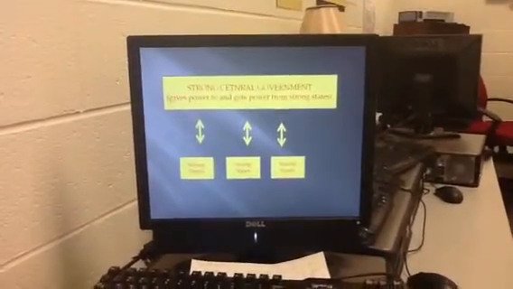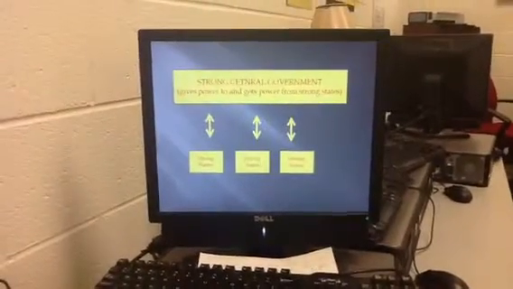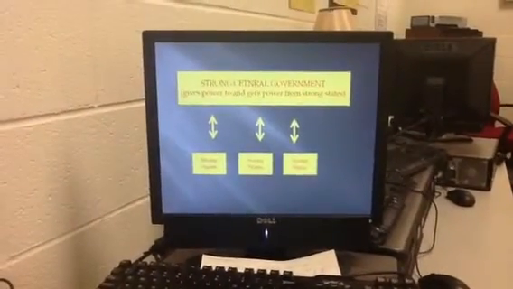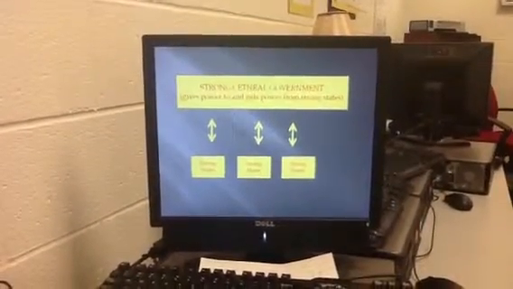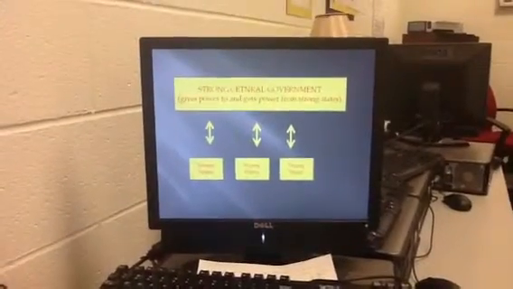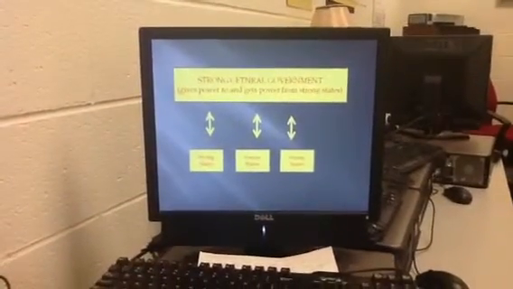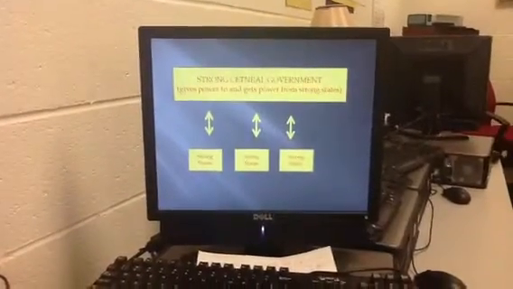Now, some of the power that the central government gives to the strong states is the ability to draft their own state law, to elect their own state officials, and the ability to enforce those state laws. Okay? So a federation is a strong central government that gives power to and gets power from the strong states.